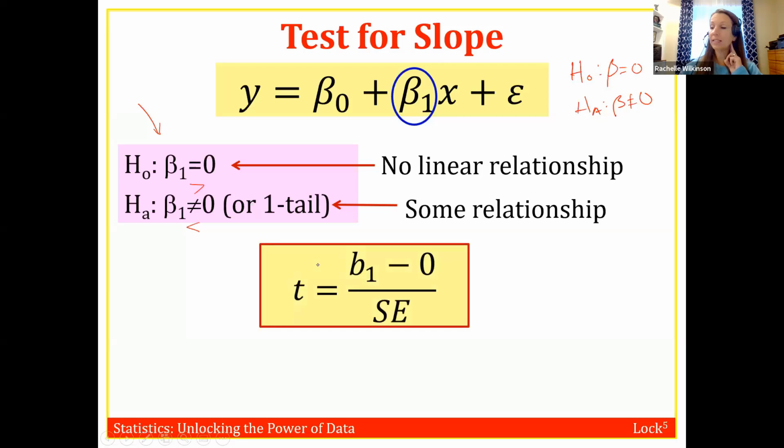For our test statistic, we're going to follow our same basic pattern of our sample statistic minus our null value, divided by the standard error. Our sample statistic is b1, and under the null hypothesis we have 0 for a value, so it'd be b1 minus 0 divided by standard error. Really, this amounts to b1 divided by standard error.